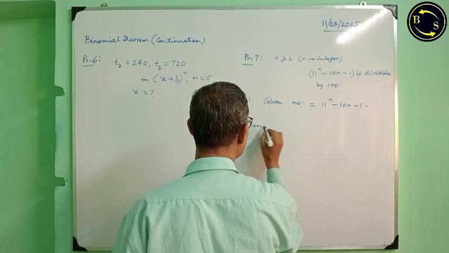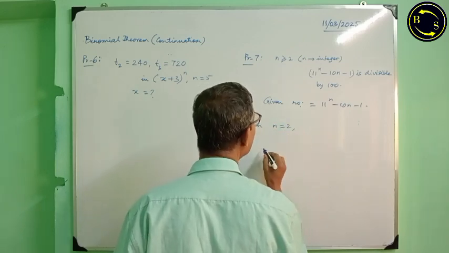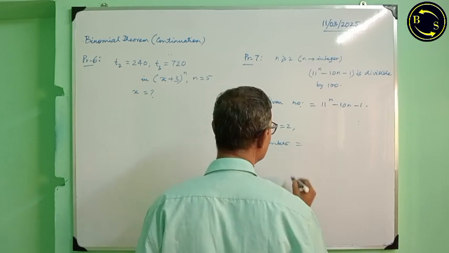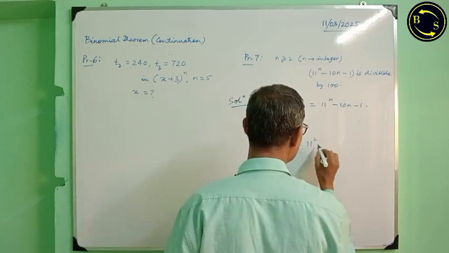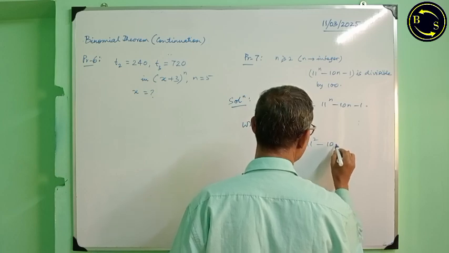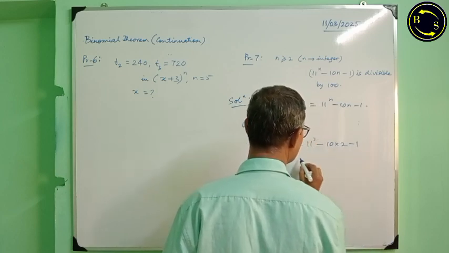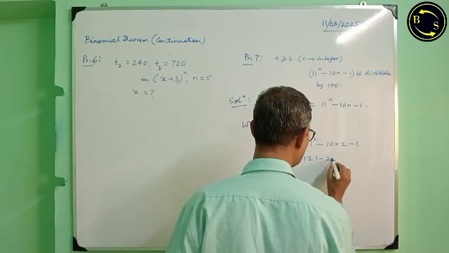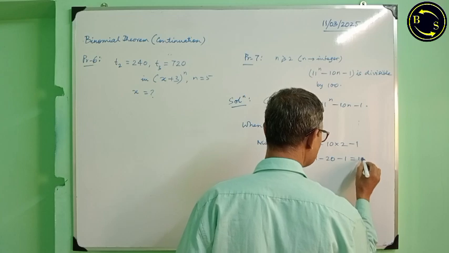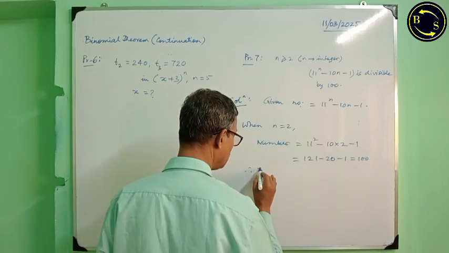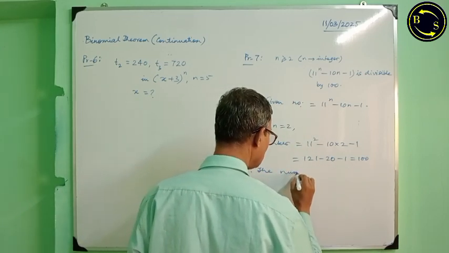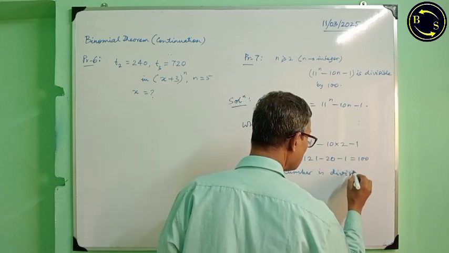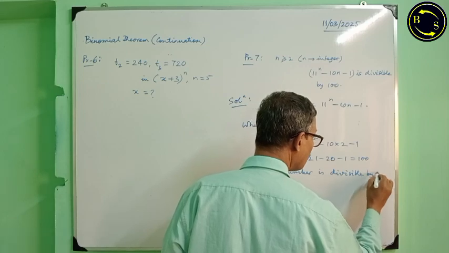When n equal to 2, number is equal to 11 square minus 10 into 2 minus 1. 121 minus 20 minus 1, that is 100. Therefore, the number is divisible by 100.